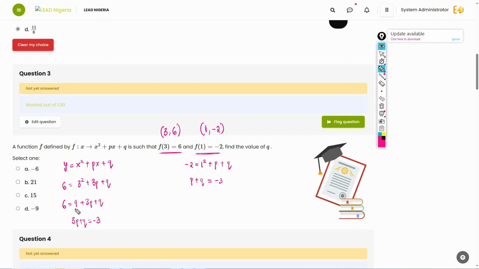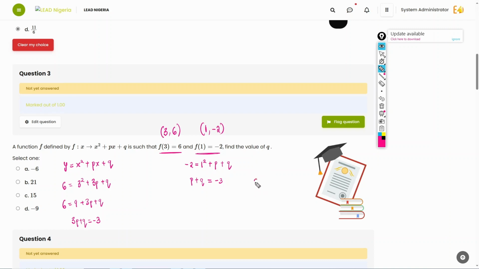Yes. If I drop minus 2 in for y, minus 2 would be 1 squared plus 1p plus q. Okay, so it's always a great idea to check your math, right? Because if you wait till the end, it might become just more annoying.